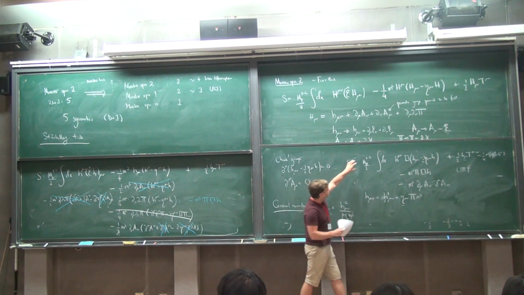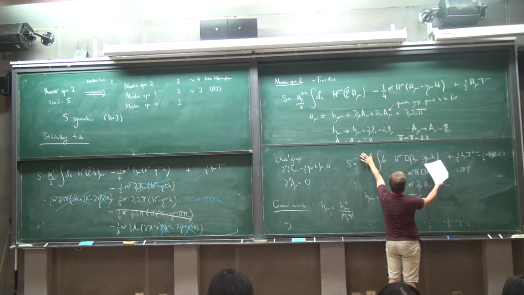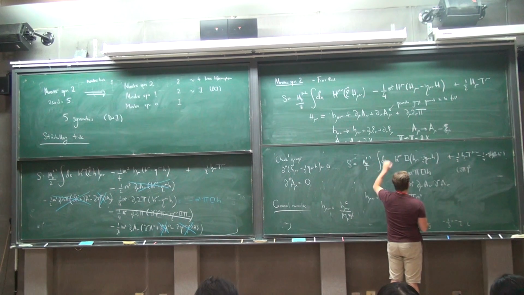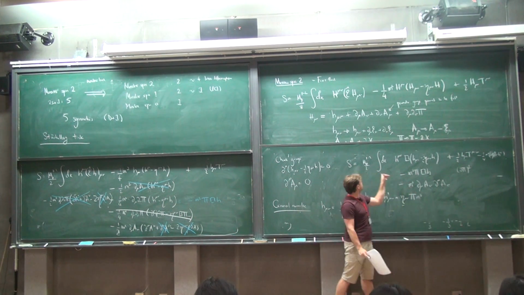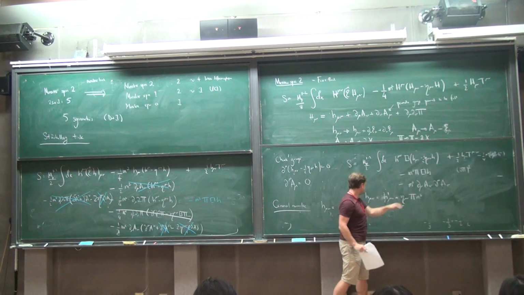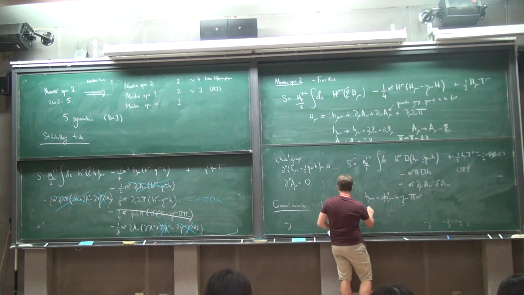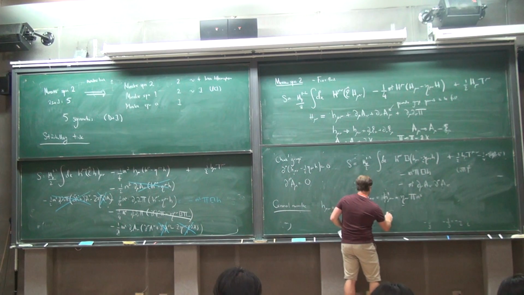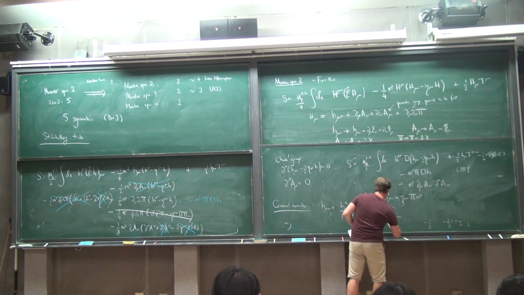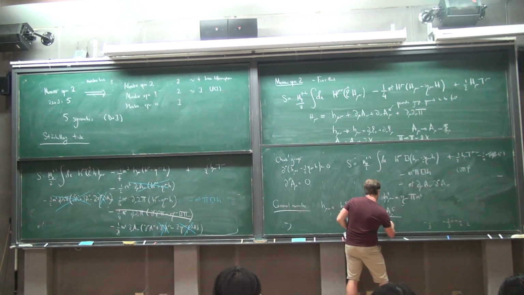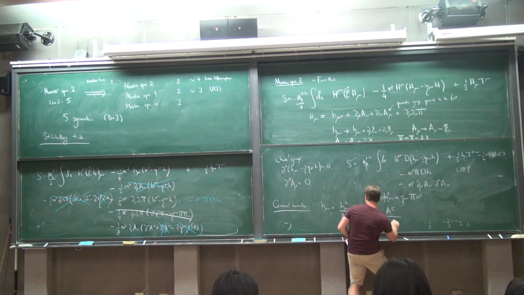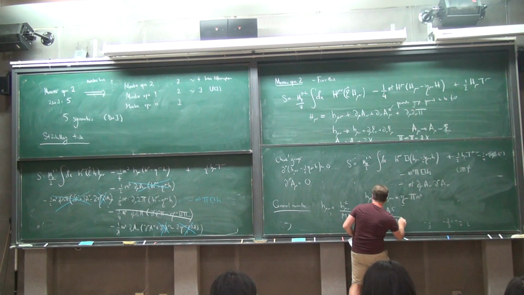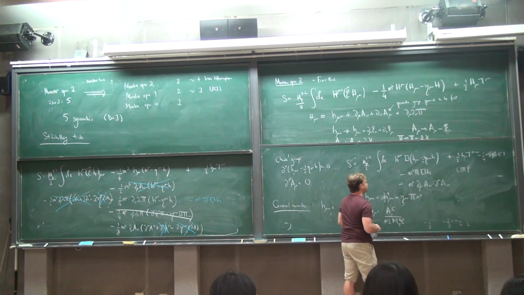By that canonical normalization, this factor disappears in front of here. For the vectors, you see that the vectors have an m squared times m Planck to the d minus 2 in front. So to canonically normalize the vector, I would divide by, so it's m squared, but there's 2 A's, so I only need to divide by 1 power of m times m Planck to the d minus 2 over 2.